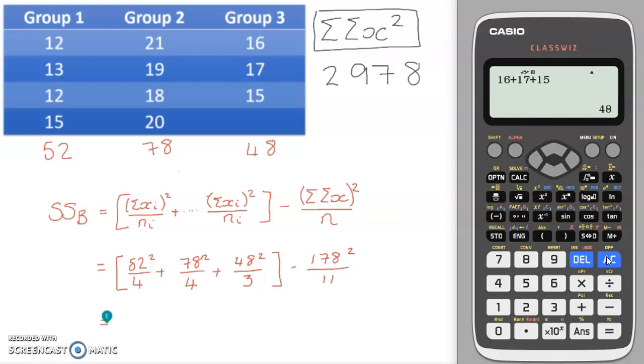And I'm going to put that all in my calculator as one big sum. So start with my fraction bracket and then my fraction.